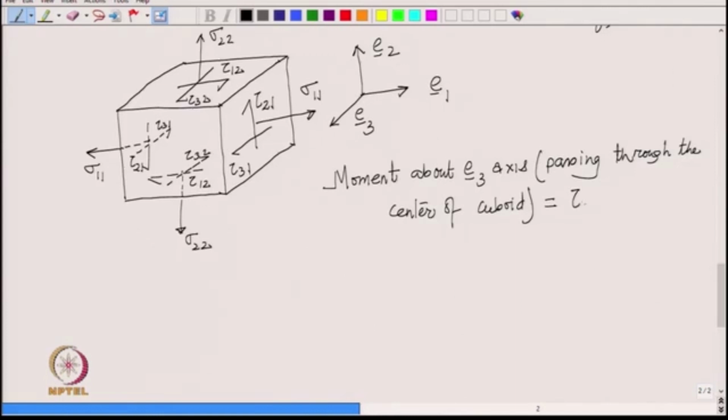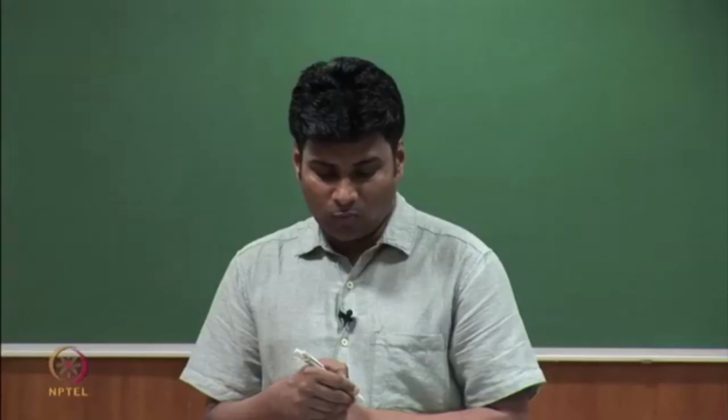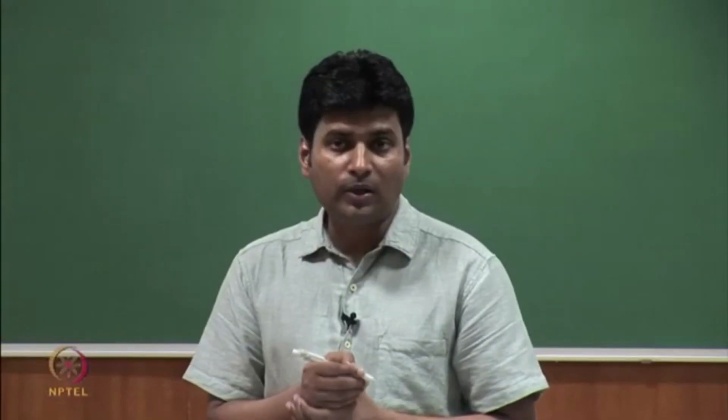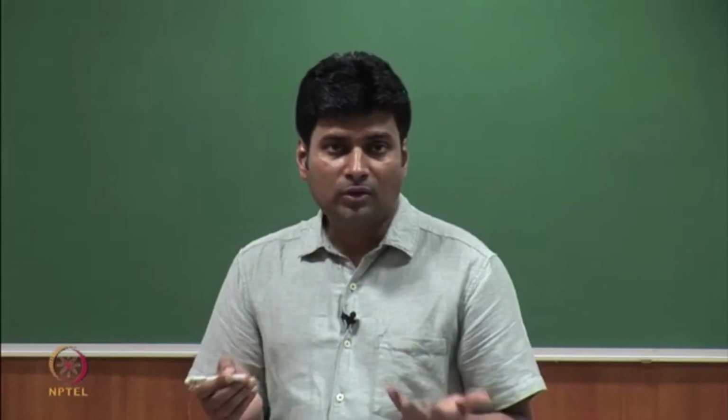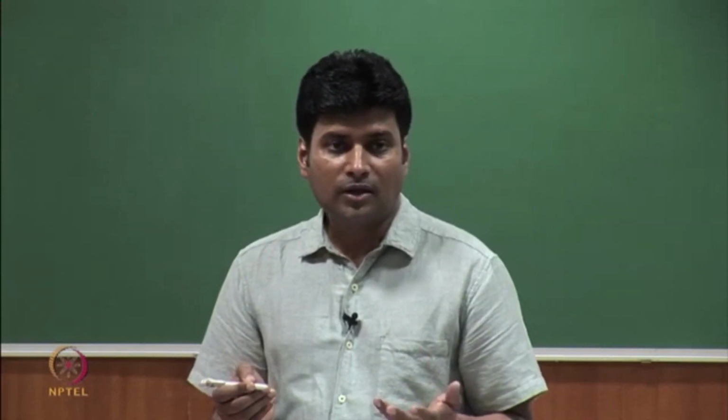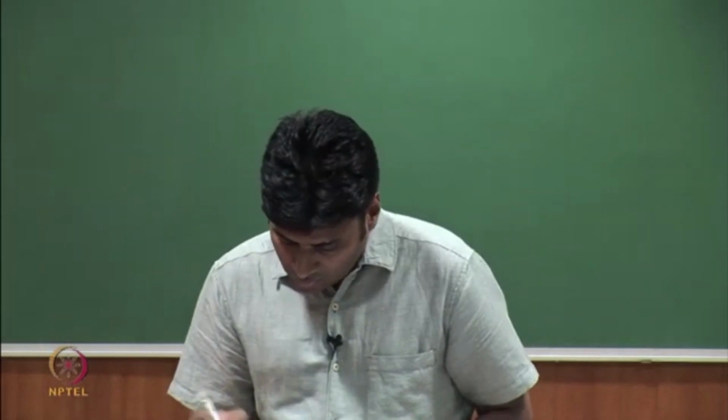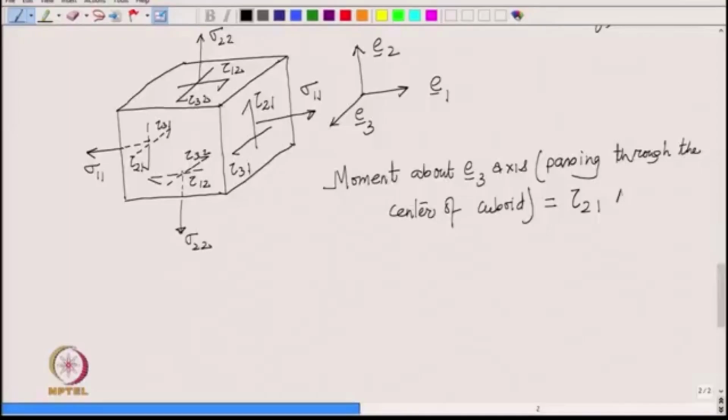It is going to be tau 2 1 times the area of the face. This is the E1 plane, so its area is delta y into delta z. Sorry, in our earlier notation the area here is delta x 2 into delta x 3.